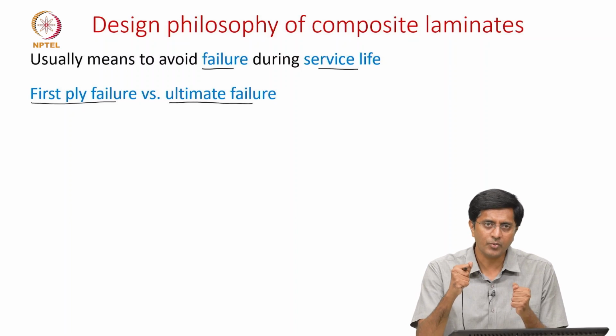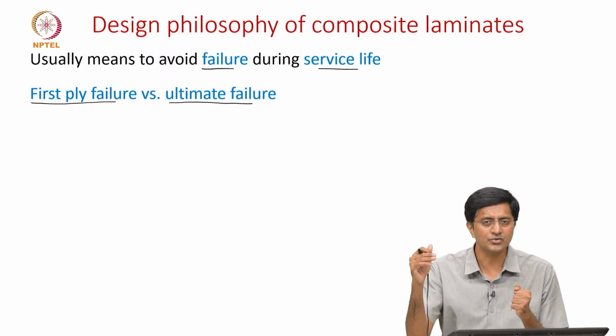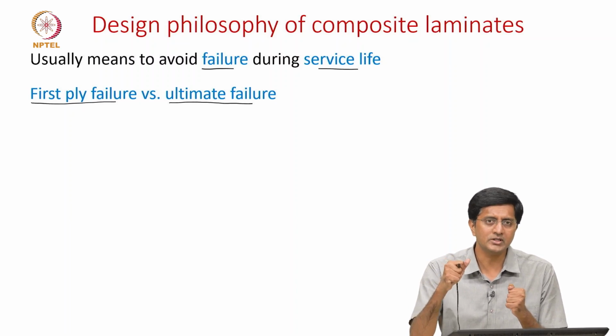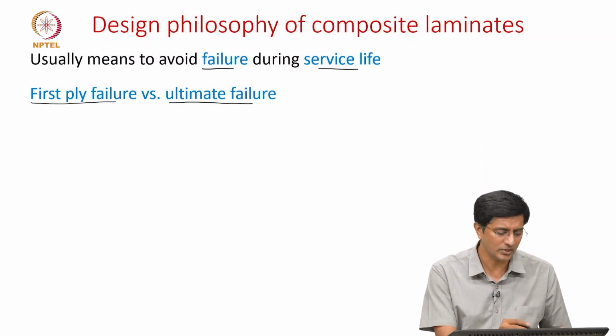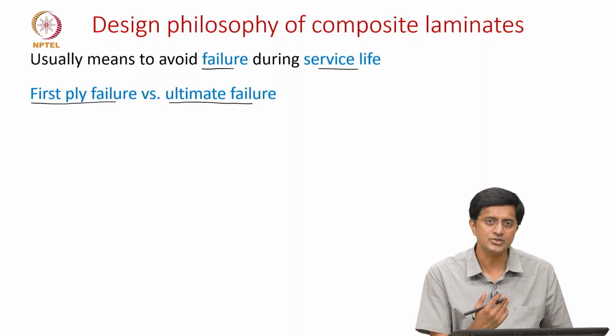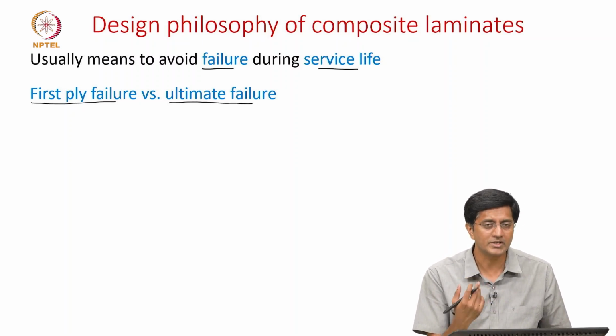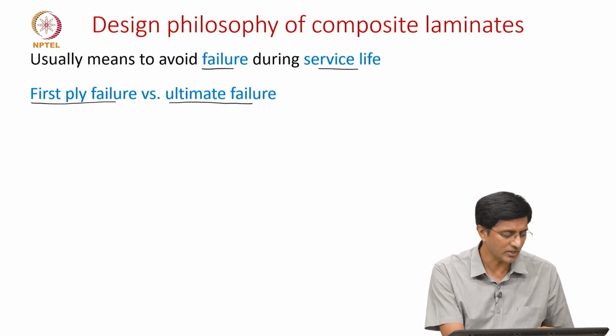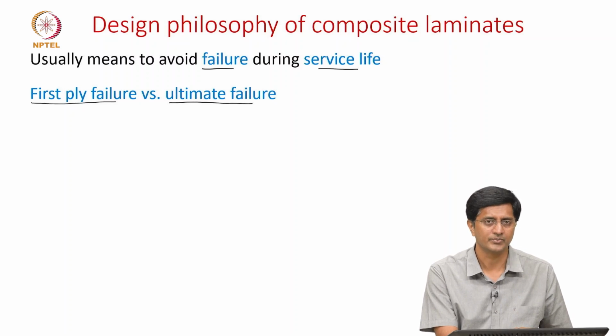If you keep on increasing the load after the first ply, there is a second ply failure, and so on and so forth, and ultimately there is a complete failure, which we call the ultimate failure. So now the question is, when we are designing using a composite laminate, should we go by the first ply failure or should we go by the ultimate failure?